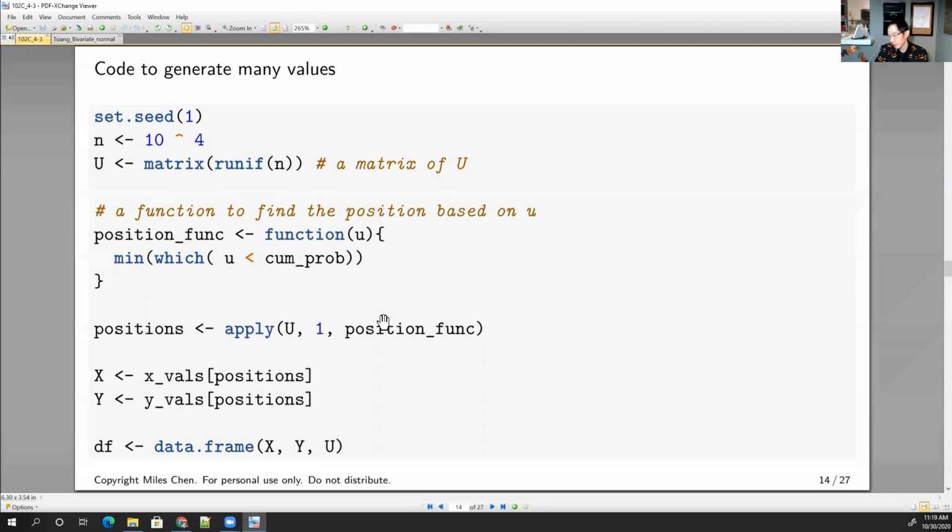This is a vectorized operation to do all of this. Then we take all of our positions, subset the xvals by the position, and select the yvals at the positions that we want. We've got our x and our y, and I'm going to store them in a data frame.